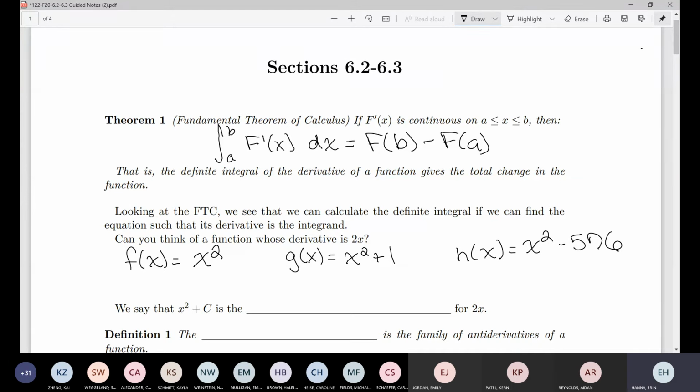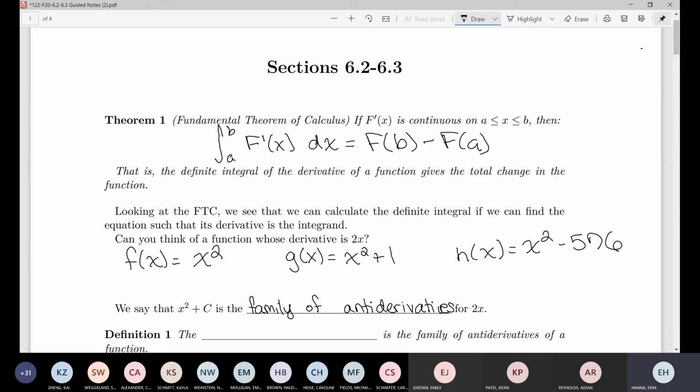Because remember, the derivative of a constant is 0. So technically, what we're going to say is that x squared plus c, where c is going to be a constant, is called the family of antiderivatives. So we just left derivatives, and now we're going to talk about antiderivatives.